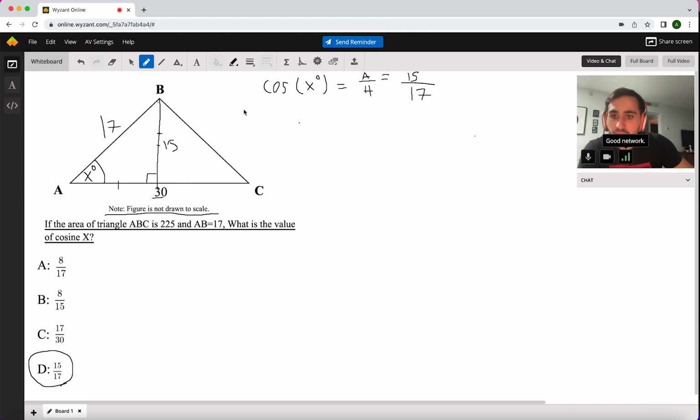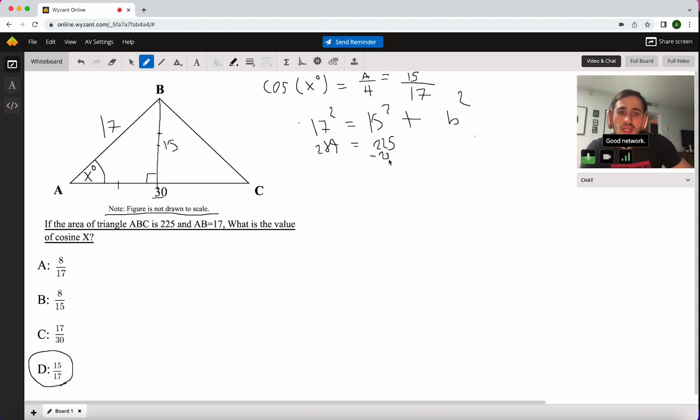Instead, what we have to do is use the Pythagorean theorem to figure out this side right here. So 17 is the hypotenuse, so 17 squared is equal to 15 squared plus b squared. 15 squared is 225, and 17 squared is 289.